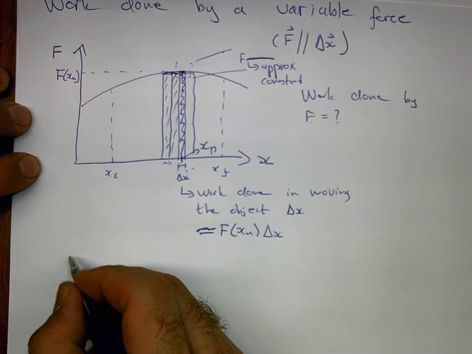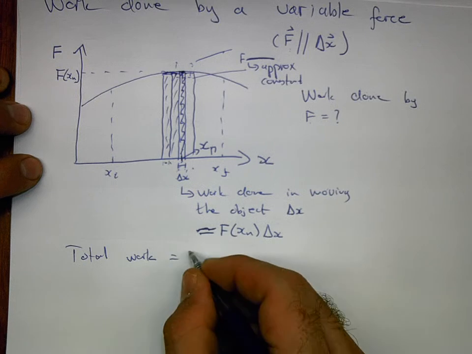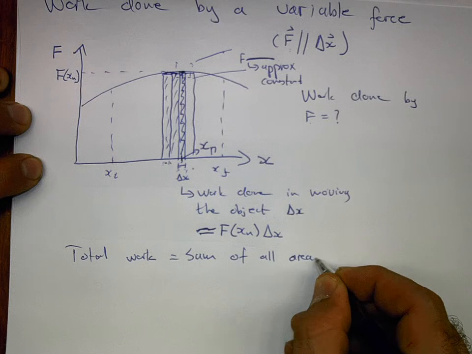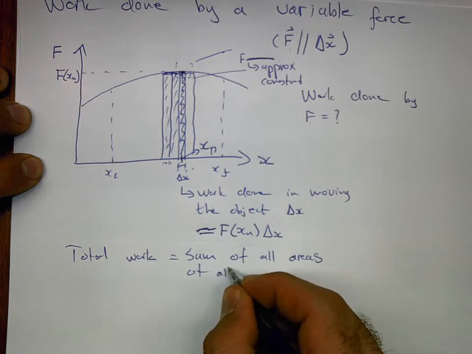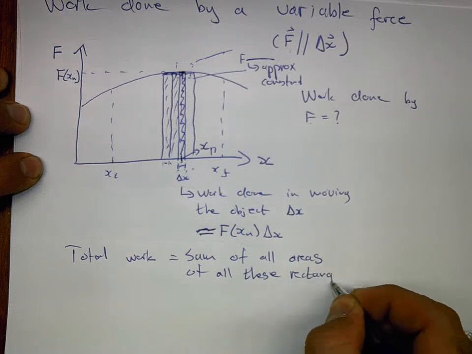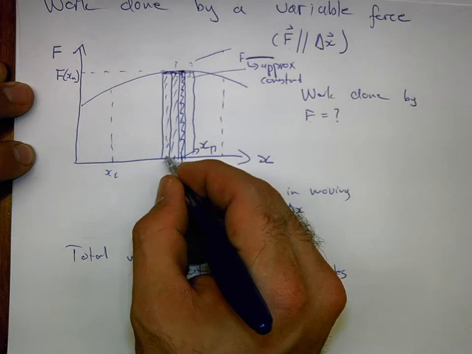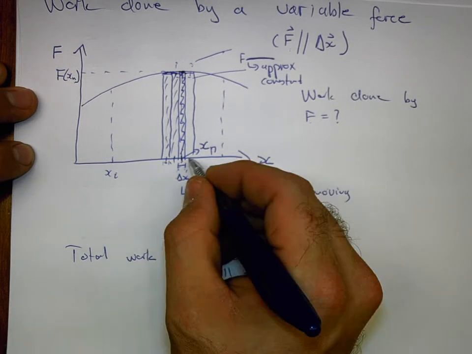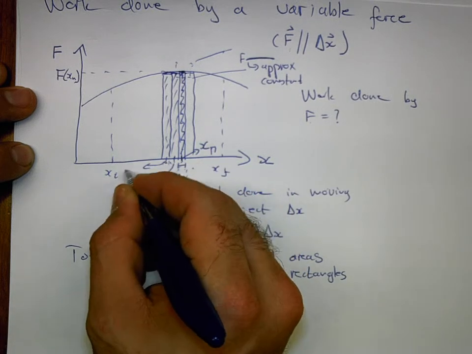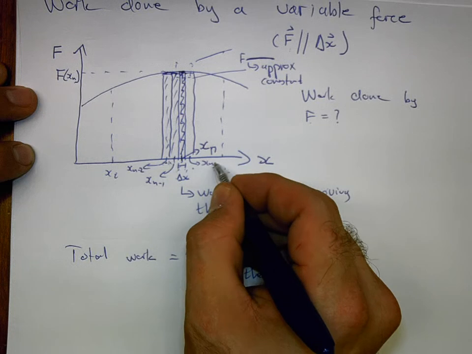So the total work is equal to the sum of all the areas of all these little rectangles, and if we give the x coordinates names, that would be xn minus 2, xn minus 1, xn plus 1, and so on.